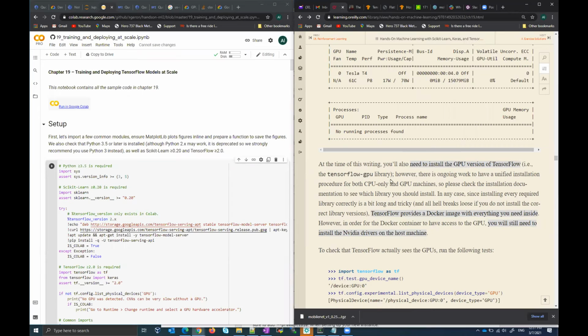Also, when using TensorFlow with GPUs, there is a different distribution, so it's a different library that you have installed. And he's saying that Google is working on a single installation for both CPU and GPU. Does anyone know if that is already available, or do we still need different installations?